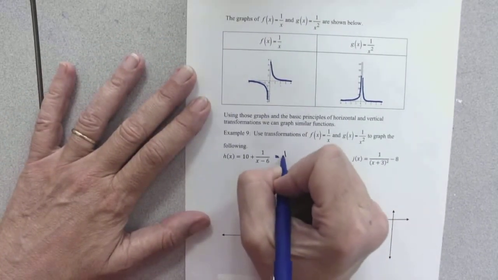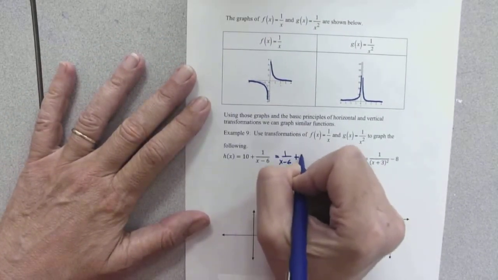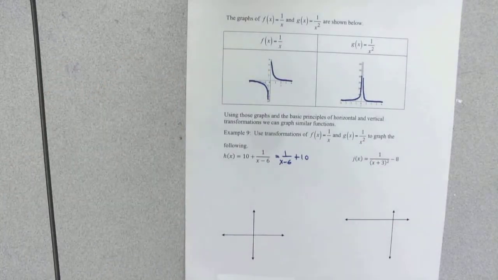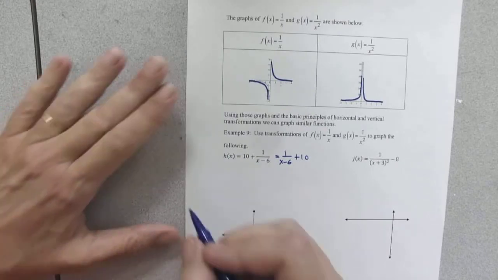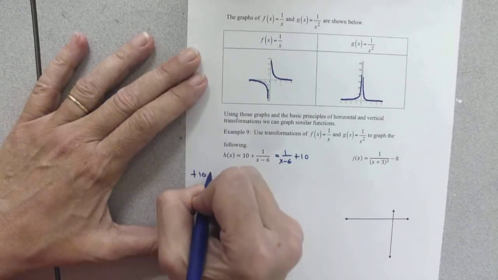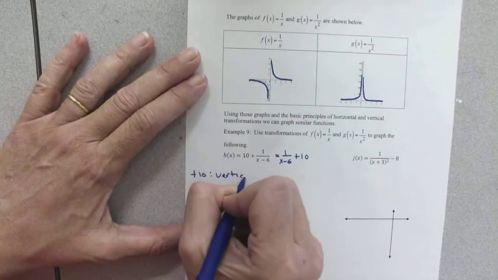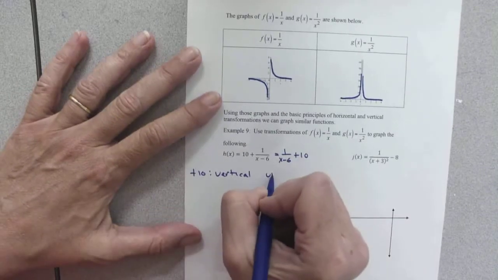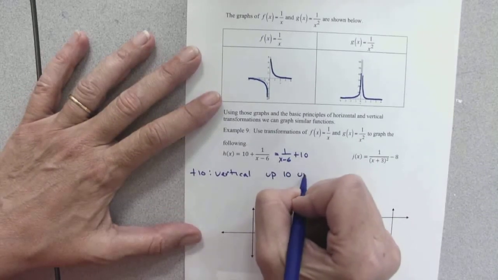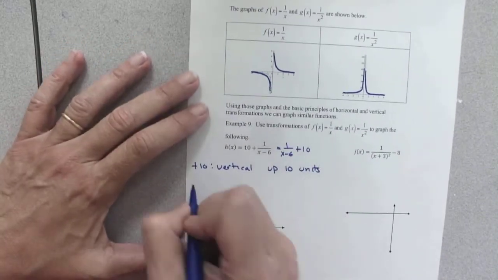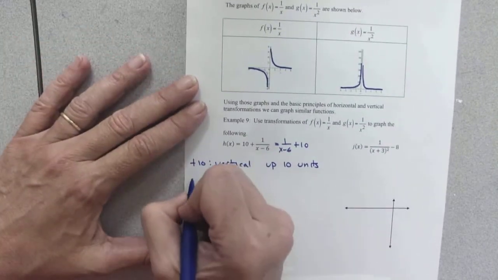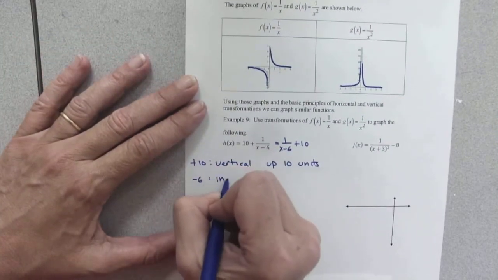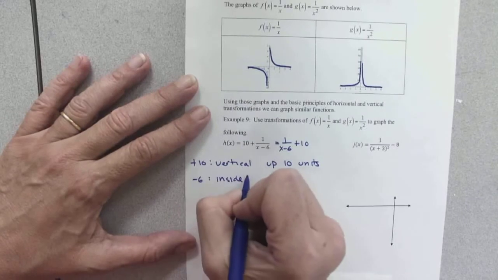On this one, let me just rewrite this a little bit, put the 10 on the end. And then we remember some stuff that we learned before. The number on the end, the plus 10, that's going to be a vertical translation, and it's going to go up 10 units. Then minus 6, and that's inside the denominator.